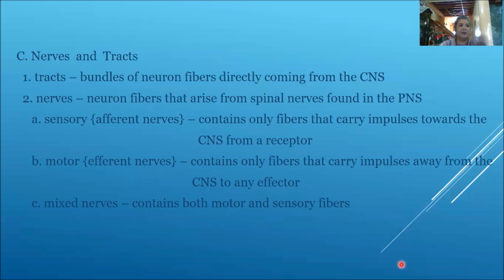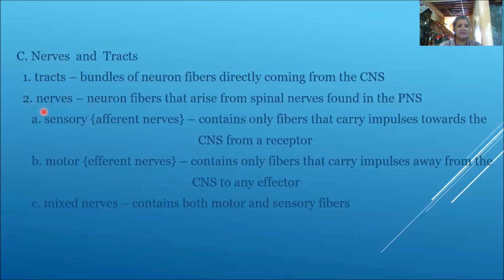Now, the nervous system, the neuron will have nerves that come from the body. And these nerves are neuronal fibers that will arise from the spinal nerve found in the peripheral nervous system.